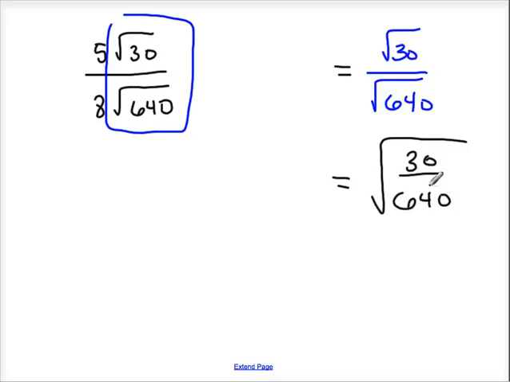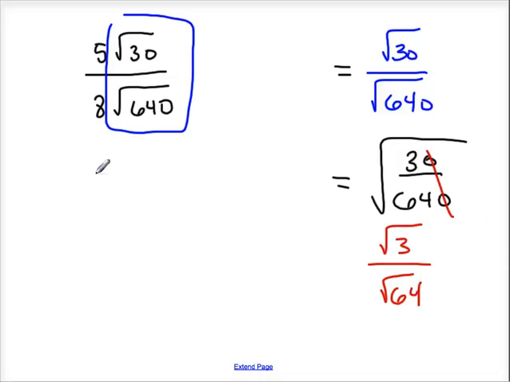Can I simplify this? Yes. Well, they both end in zeros, so there's that. And now 3 and 64. Can I simplify 3 and 64? No. Well, I can't divide 3 into 64, but what about the square root of 64? Can I rationalize that? Square root of 64 is 8.